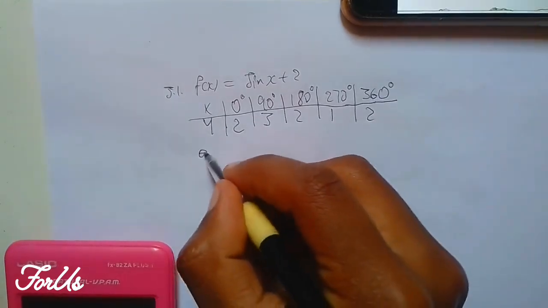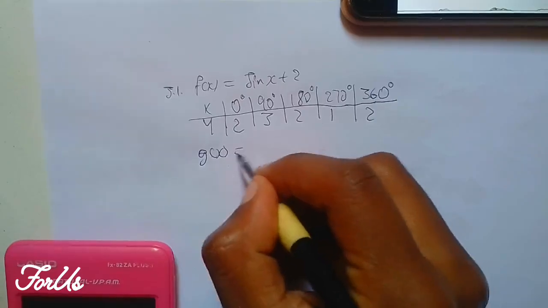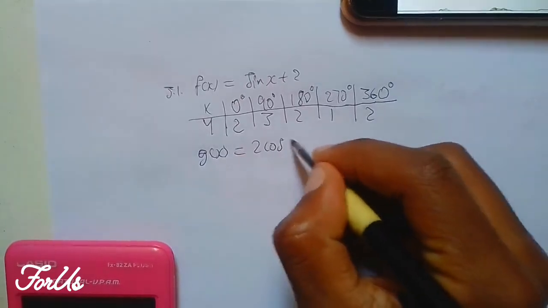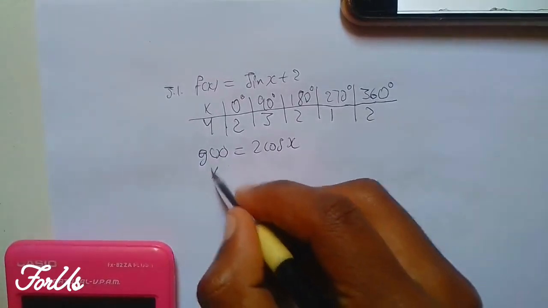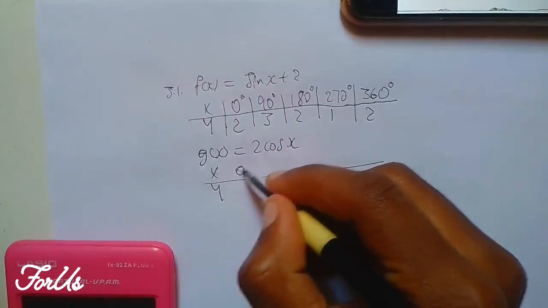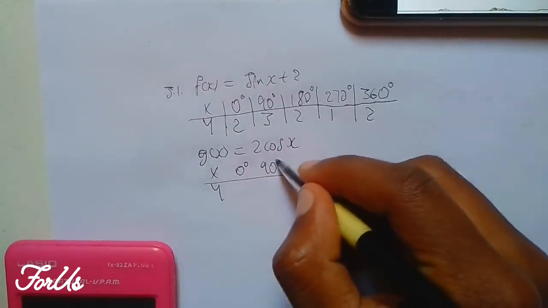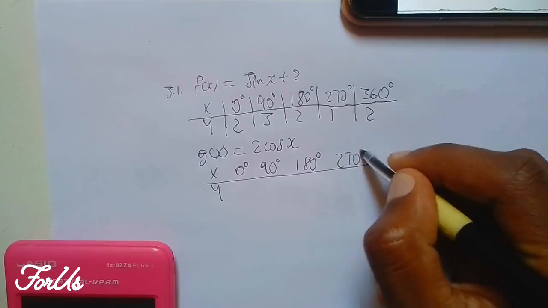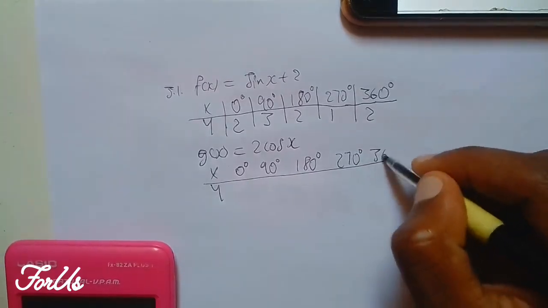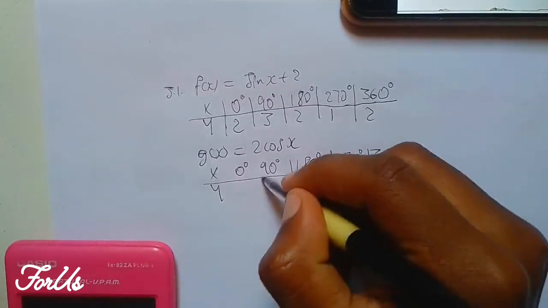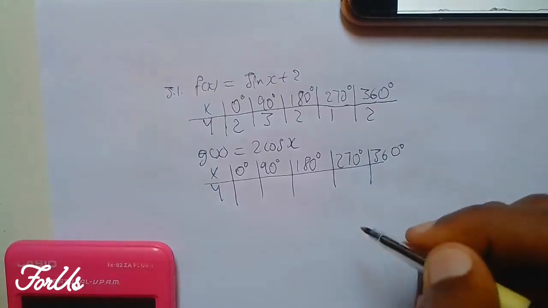Now we go to the g of x, which is equal to what? 2 cos x. Then you're going to have x and y here. It's going to be 0 degrees, 90 degrees, 180, 270, and 360 degrees, the x values. Then we find the y values.